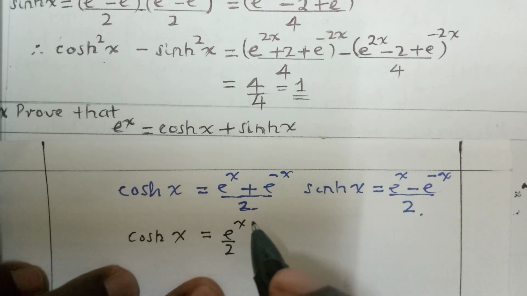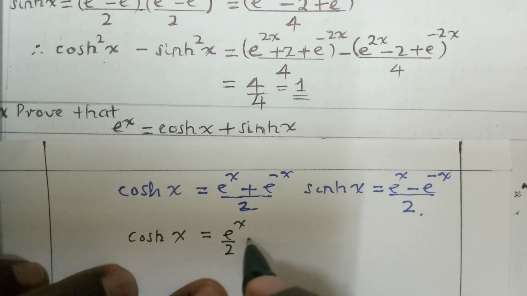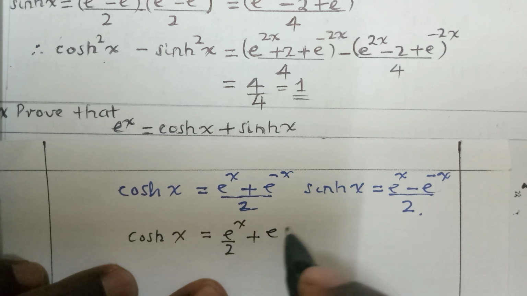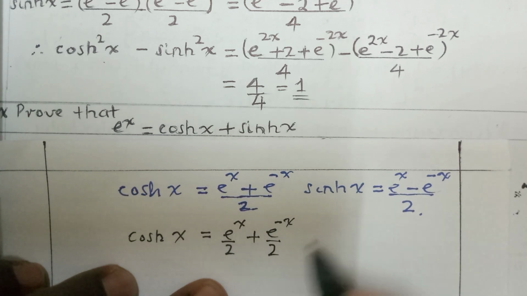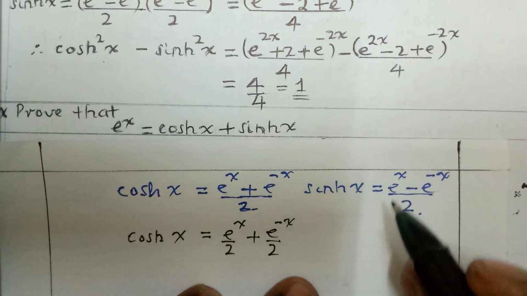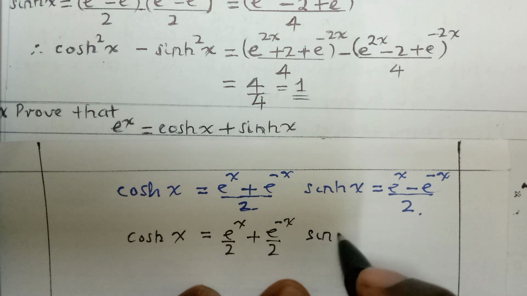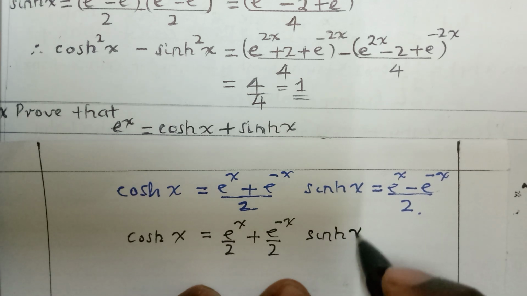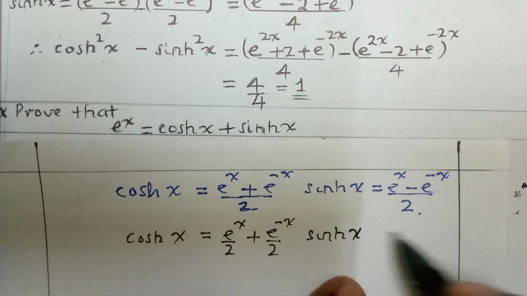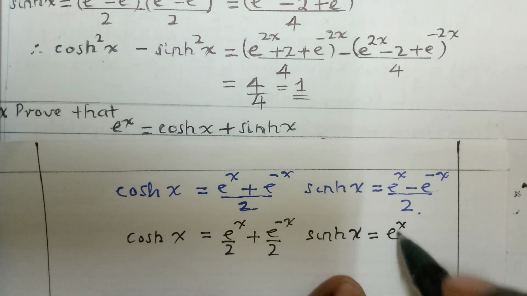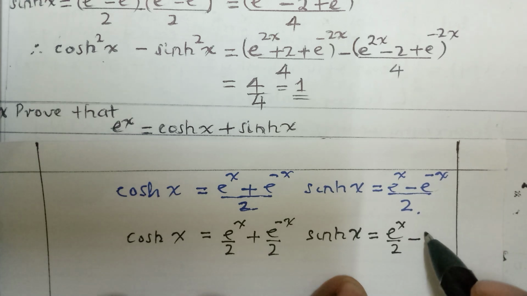We'll break it into two fractions, plus e raised to negative x all over 2. And for this other one, we can say sine hyperbolic x equals to e raised to x over 2 minus e raised to negative x over 2.